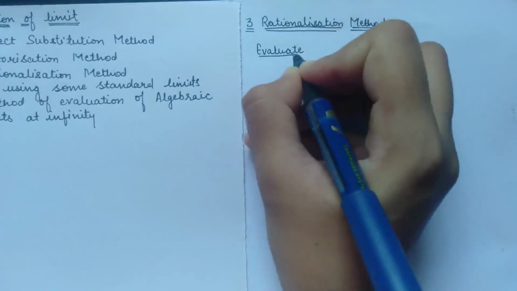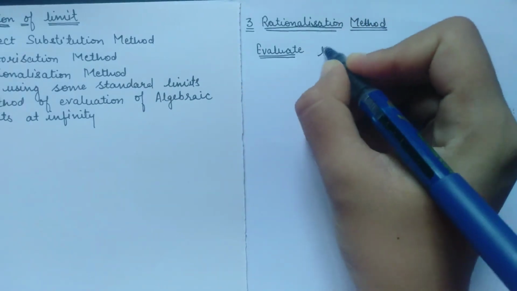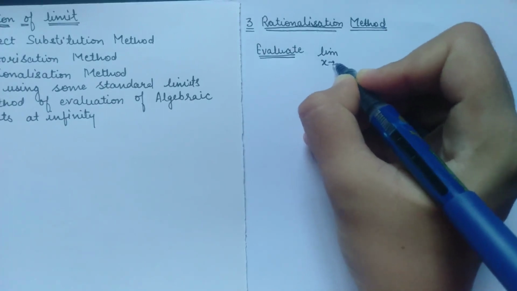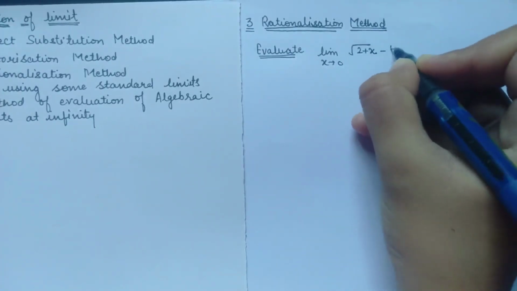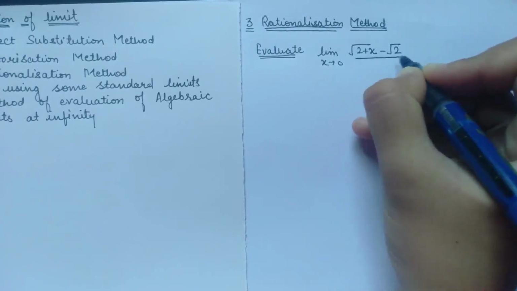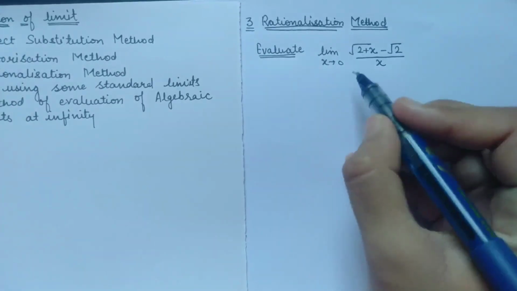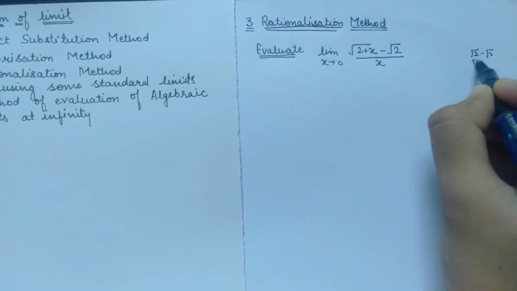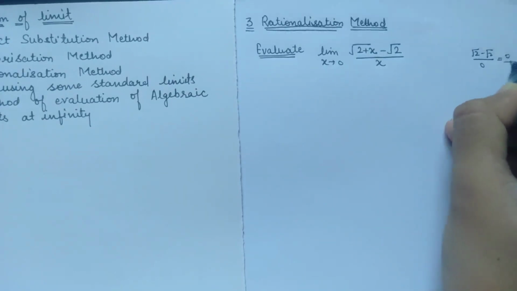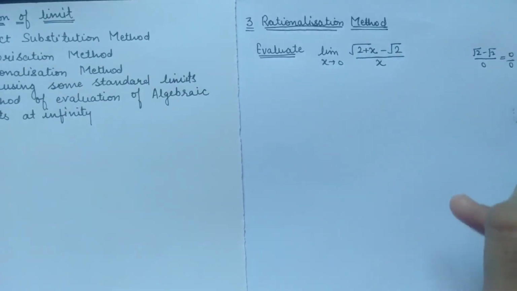Let us understand this with the help of an example. Limit x tends to 0, (root of 2 plus x minus root 2) divided by x. With the operation of the limit, it will reduce to (root 2 minus root 2) divided by 0, which is 0 by 0 form.